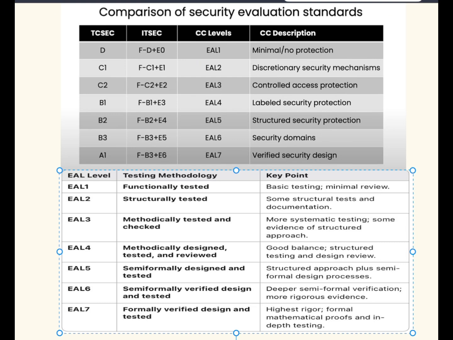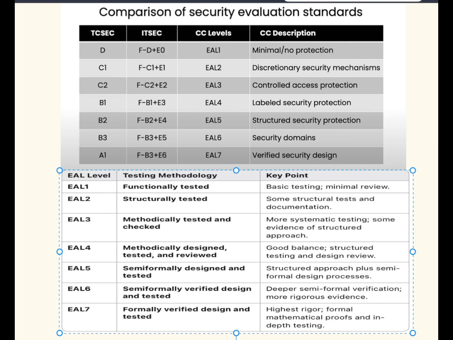These labs are certified by national schemes like BSI in Germany and NIAP in the USA. The certification body validates and approves the evaluation report and issues the final certificate.